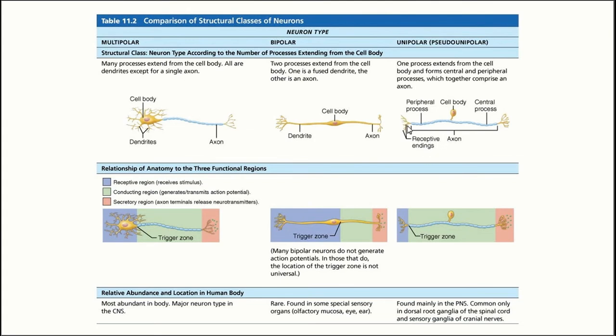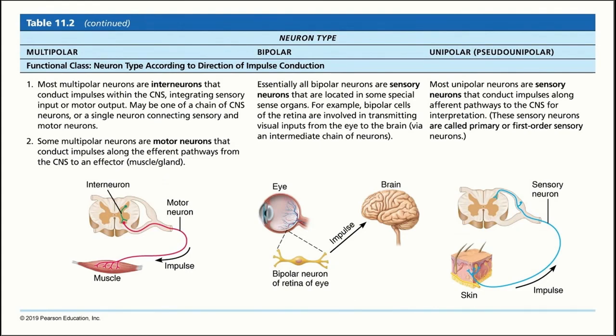The central process, which is at the opposite end of the neuron here, is the second of the axon processes, and it ends at the axon terminals where neurotransmitters are released. So together the peripheral process and the central process form the centrally located axon in that particular neuron.